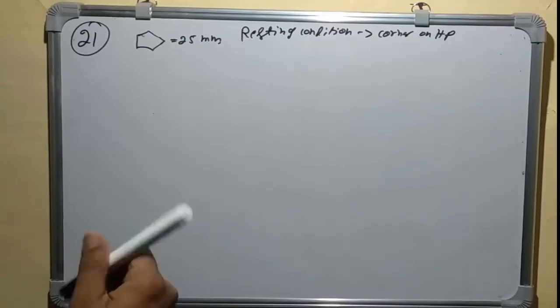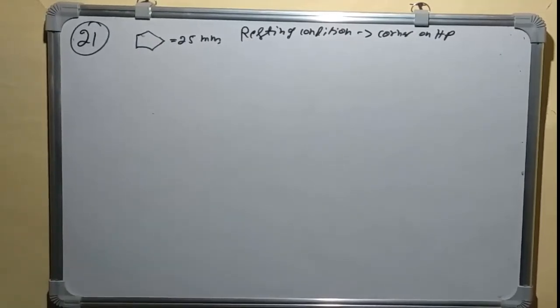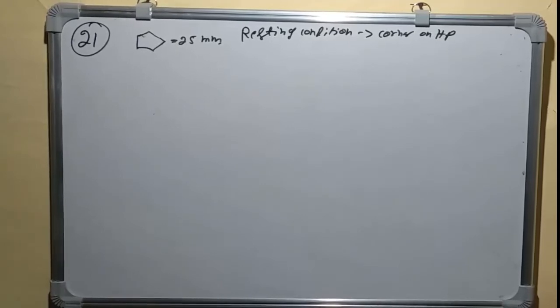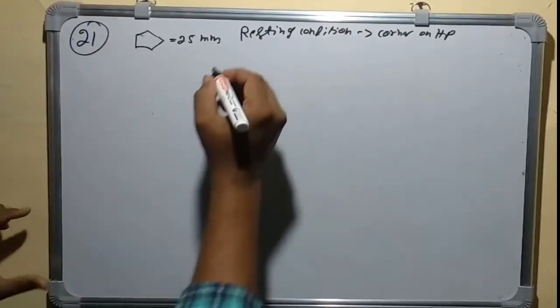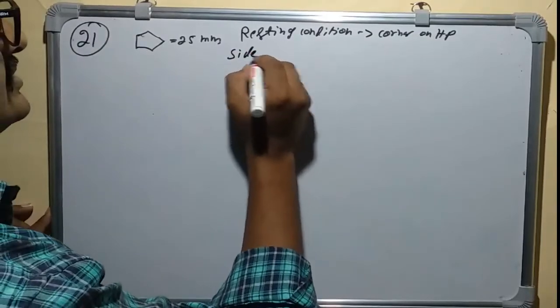Next we need to check the surface inclination. Usually we check the surface inclination, but in this case they have not given it. Instead they have given another data, that is the side opposite to the resting corner.